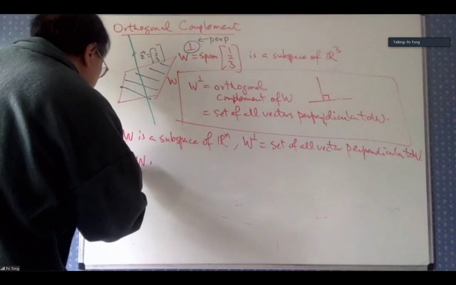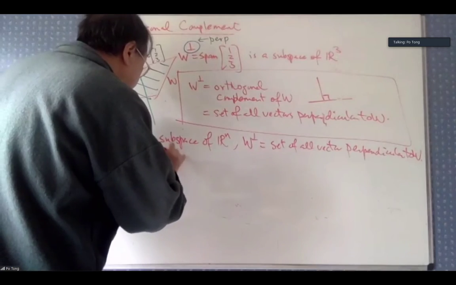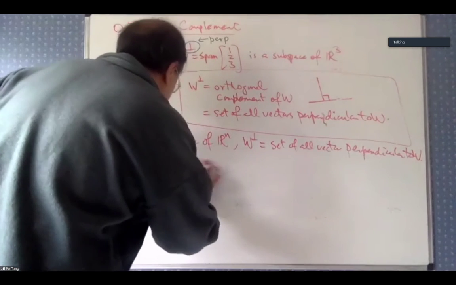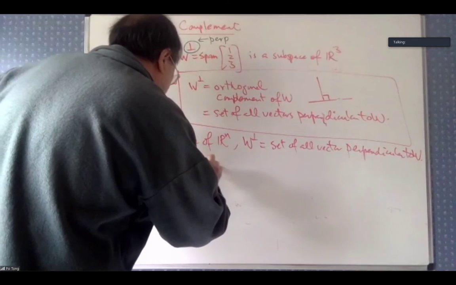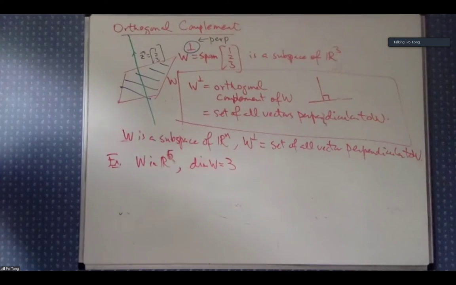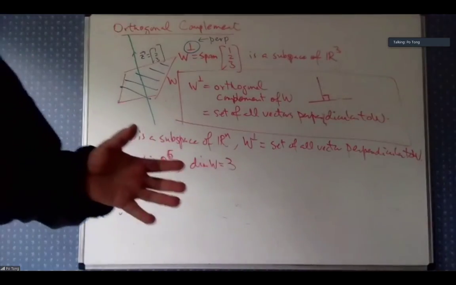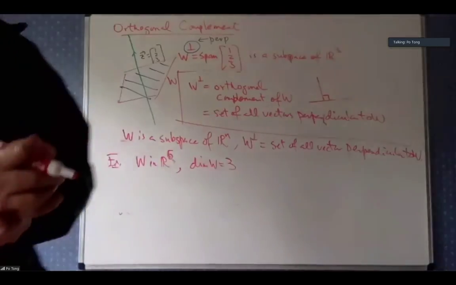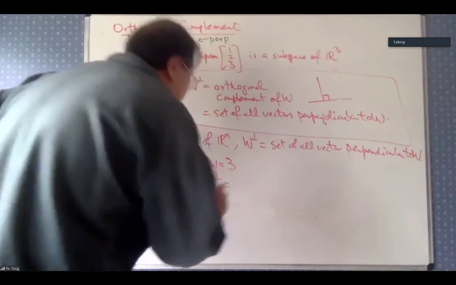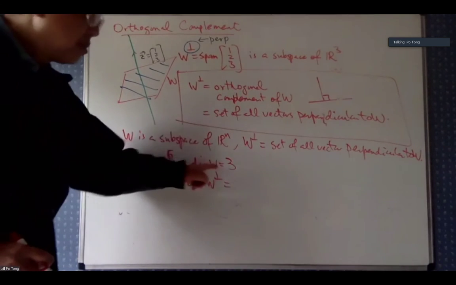Let's see an example. Let's say R5. W is in R5. The dimension of W is equal to 3. So you have a 3-dimensional space in R5. What do you guys think is the dimension of W perp, all the stuff that is perpendicular to W?